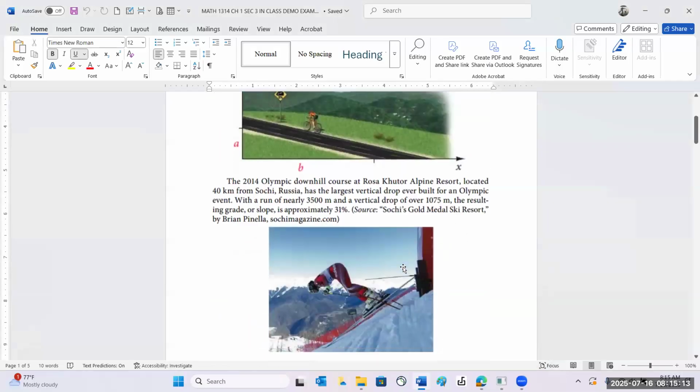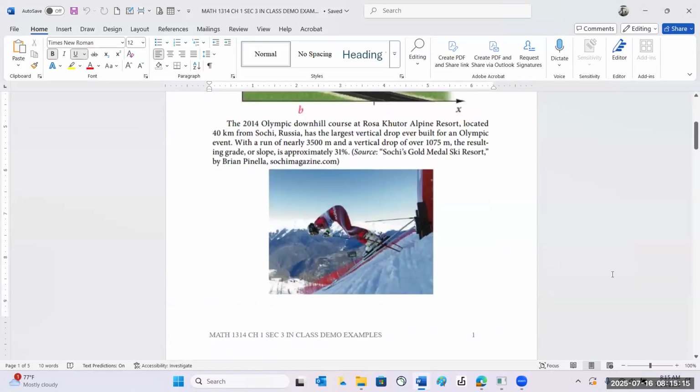A sport that deals with grades: downhill skiing. The steeper the mountain, the faster you go, which is the fun part and the dangerous part. Just think about it. When you fall down, do you just stop right there?